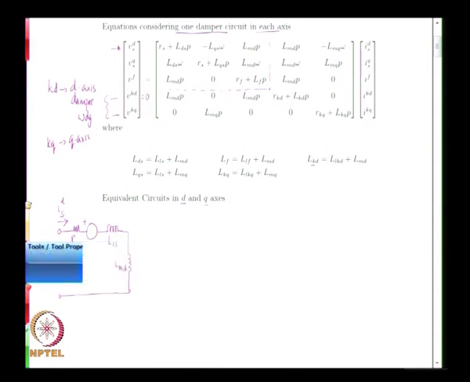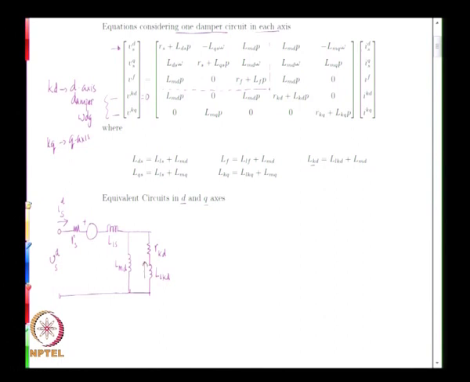by having one more branch like this. So, this is RKD and this is LLKD.